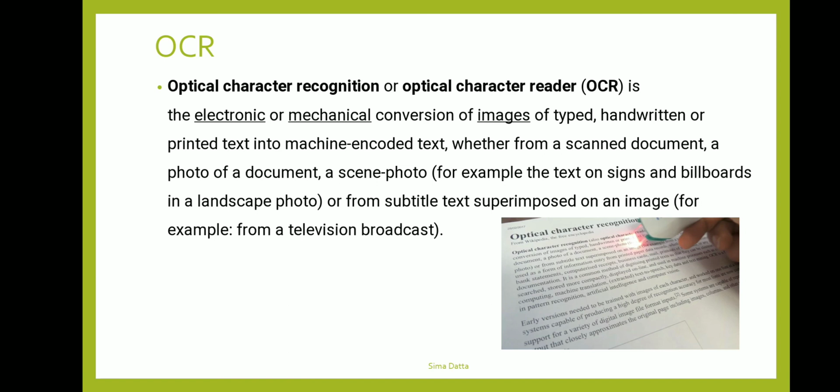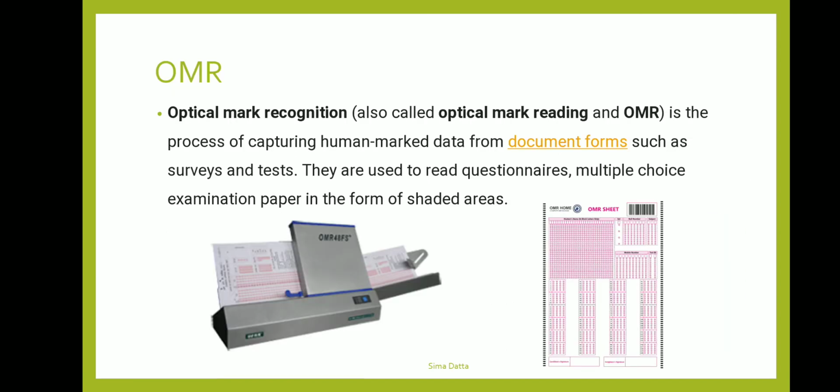Next one is OMR. Optical mark recognition is the full form of OMR, also called optical mark reading. It is actually a process of capturing human marked data from document forms such as surveys and tests. I think you people are very familiar with the OMR sheet.